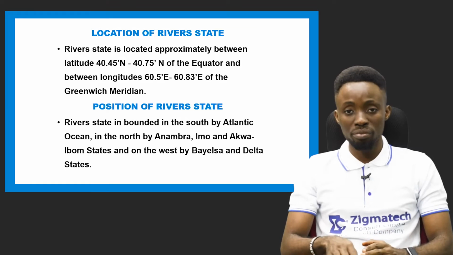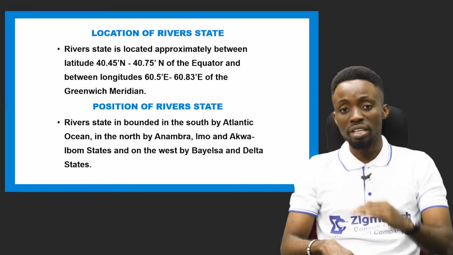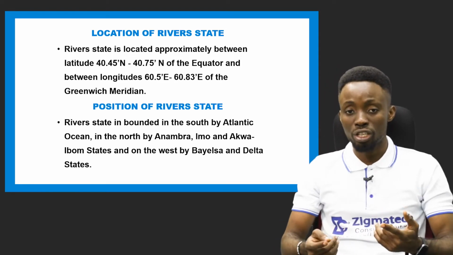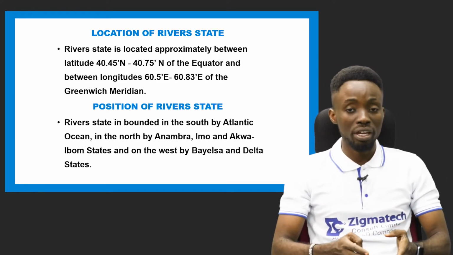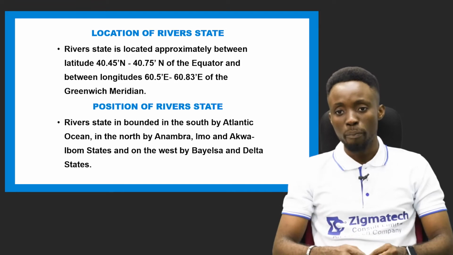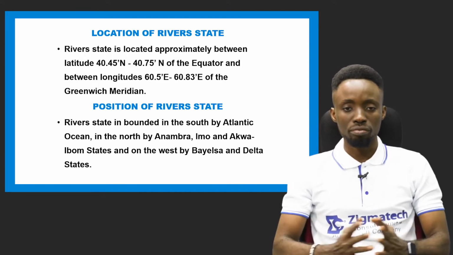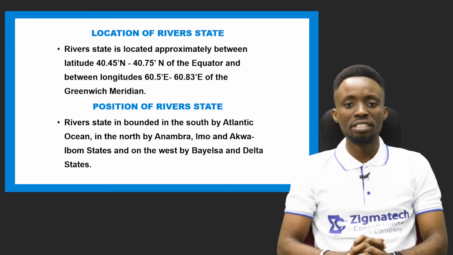Meanwhile, Nigeria is found right above the equator, between 4 and 14 of the equator, and 3 and 15 of the Greenwich meridian.